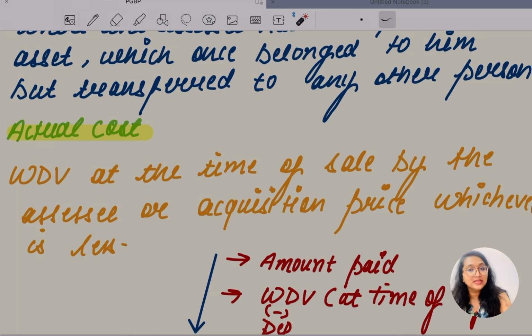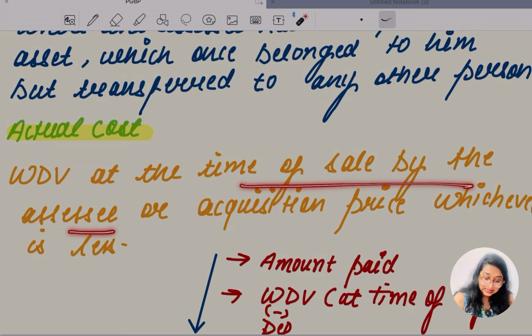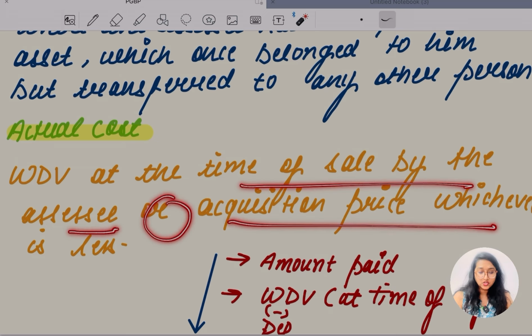First, I have transferred the asset to any other person. Second, I have reacquired that asset. So in this case what is going to be the actual cost? Whichever is less. Income tax department is saying whichever is less. By what thing yaar? If the WDV at the time of sale by SSE or acquisition price, whichever is less.